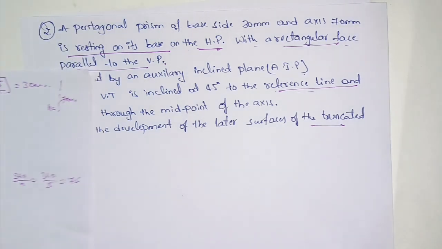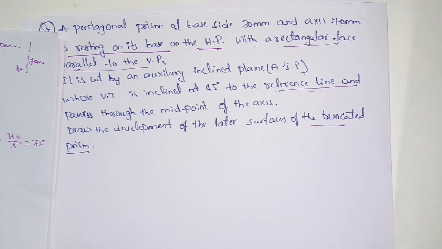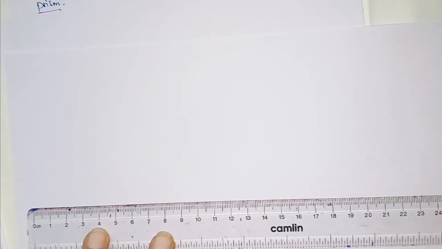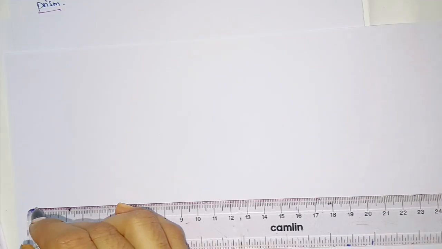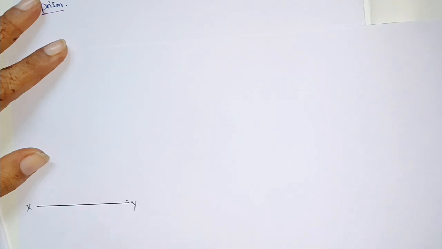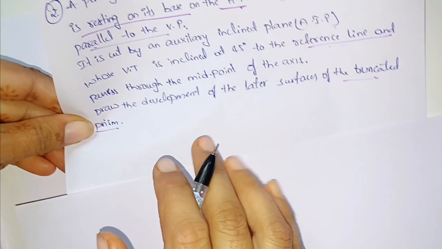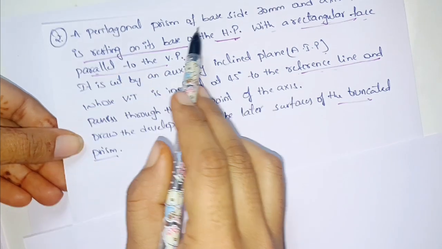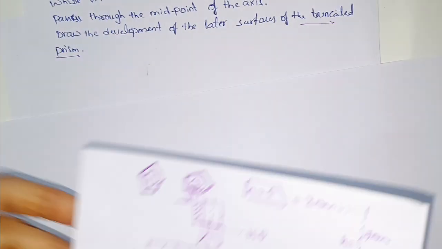So before that, draw first the XY line with the help of a scale, some distance, and give the names X and Y. Here a pentagonal prism is mentioned, and we have already drawn the diagram.